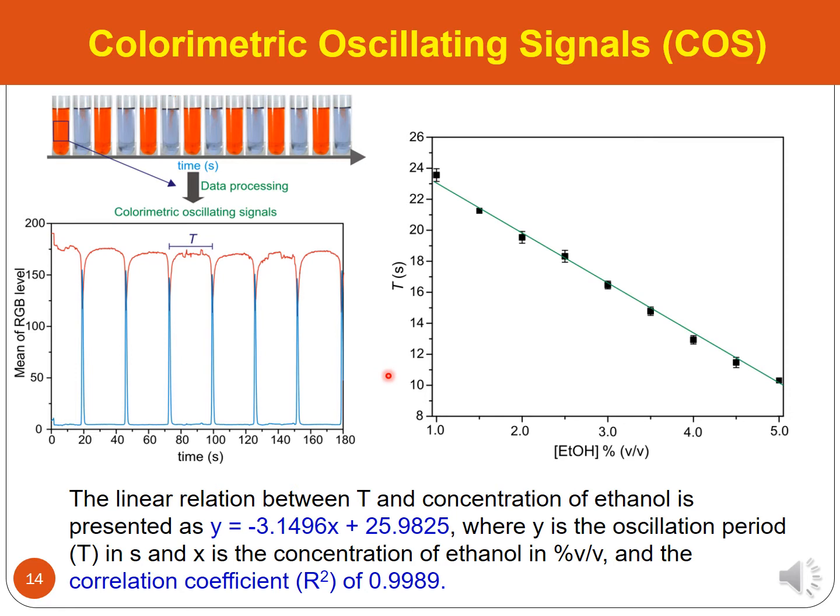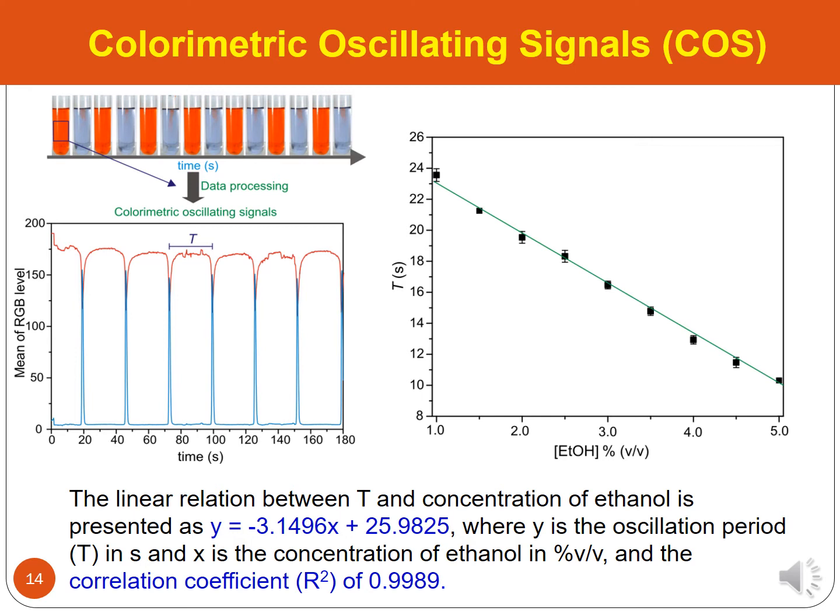We found that when we increase the concentration of ethanol, the oscillation period decreases in a linear manner. The linear equation is shown here. In this graph, we found that the correlation coefficient is equal to 0.9989, and this would be the calibration for determining the ethanol concentration in a sample.